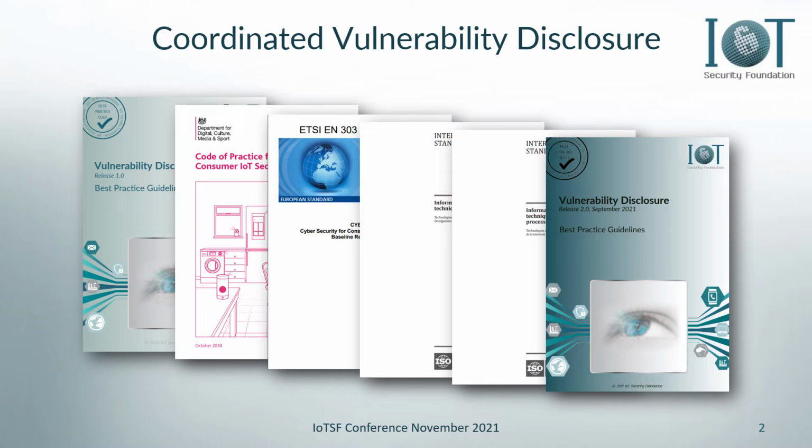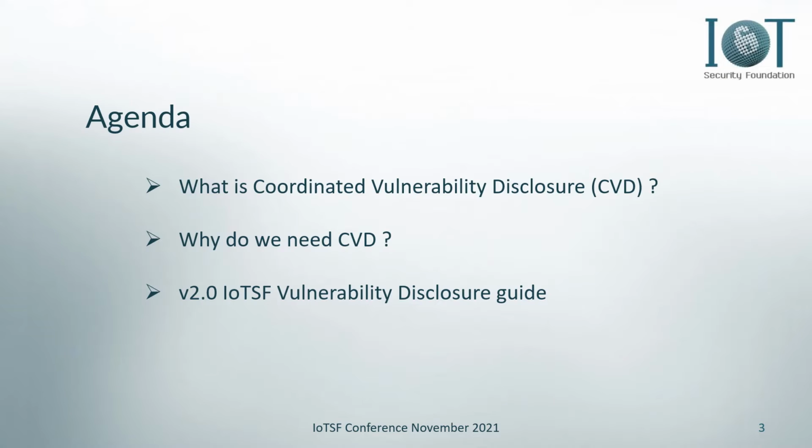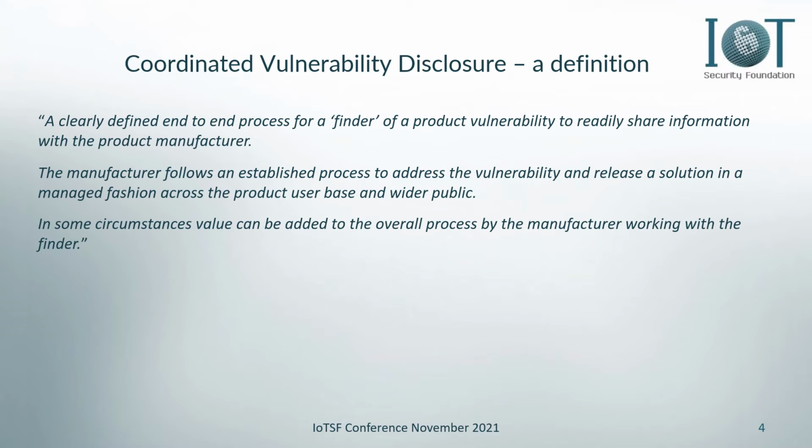So we too at the IoTSF have just published version 2 of our vulnerability disclosure guide. So let's revisit what coordinated vulnerability disclosure is, why we need it, and then we'll take a short look at our new guide document.